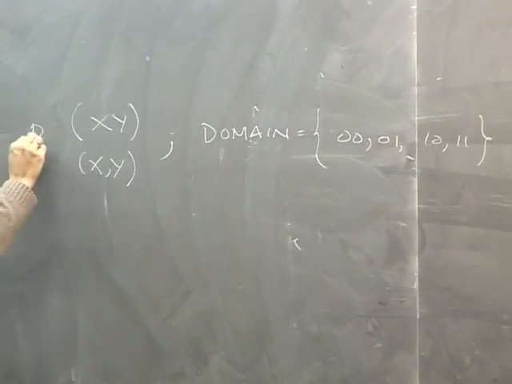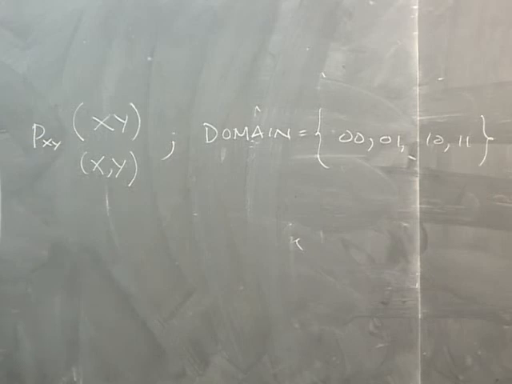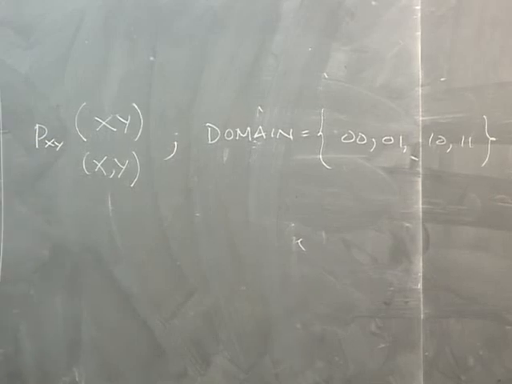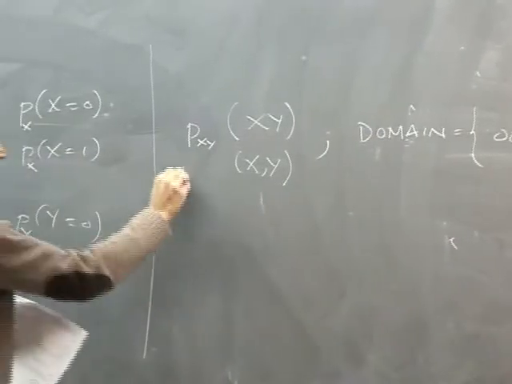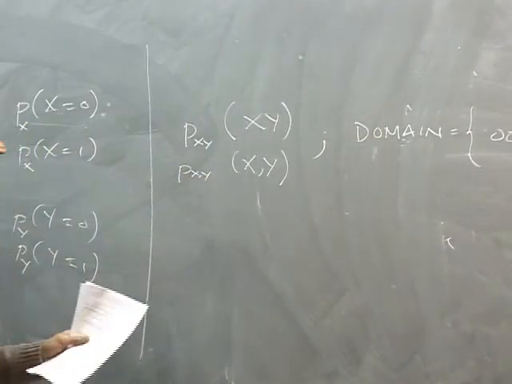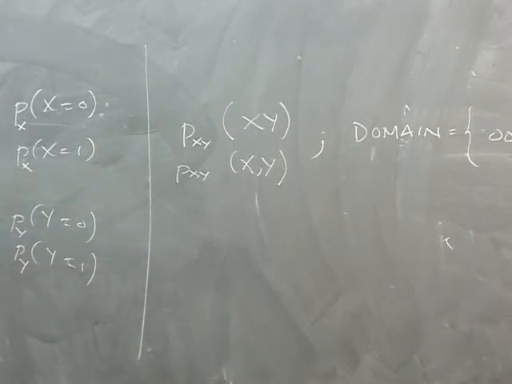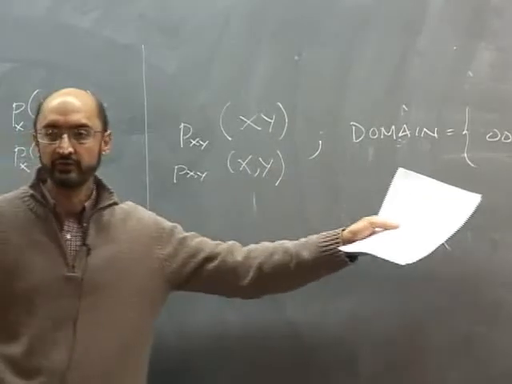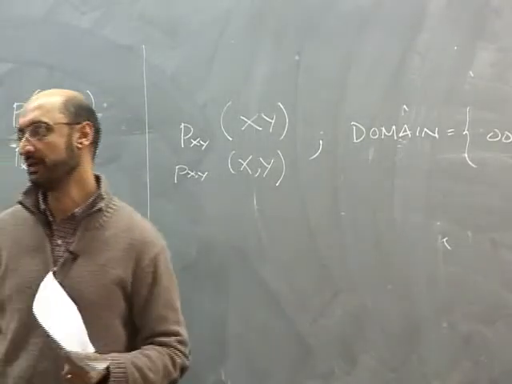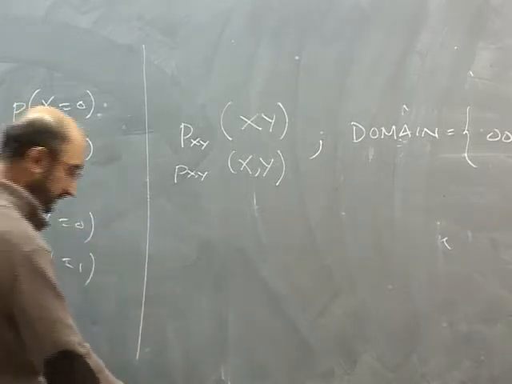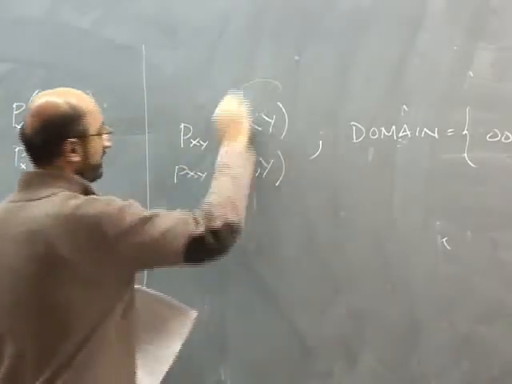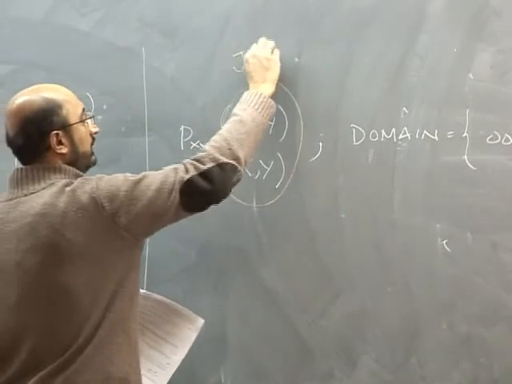And we write this as P_XY just to remind us. So we can say P_X to remind us that it's a probability for X, P_Y for Y, or we can write P(X,Y). In information theory typically we use X,Y, and in probability theory we use XY. So we have this joint distribution over the cross product of the domains, and we view this combined thing as a joint random variable.